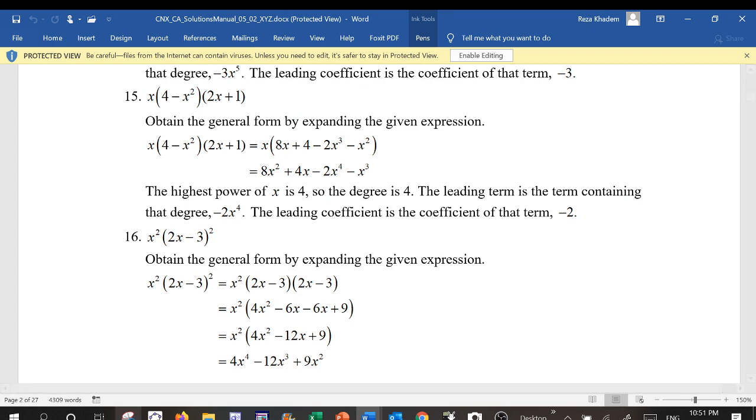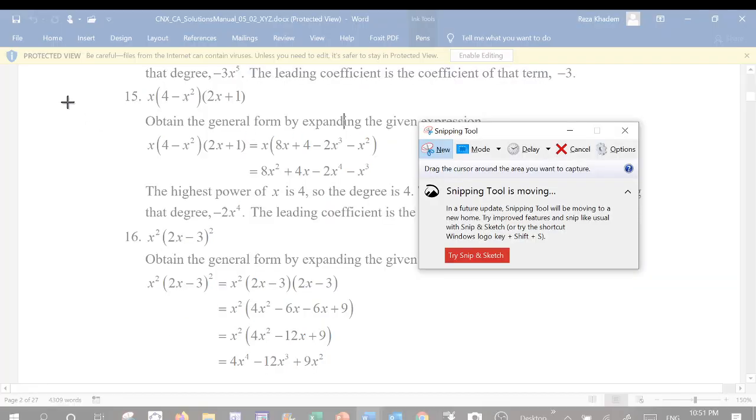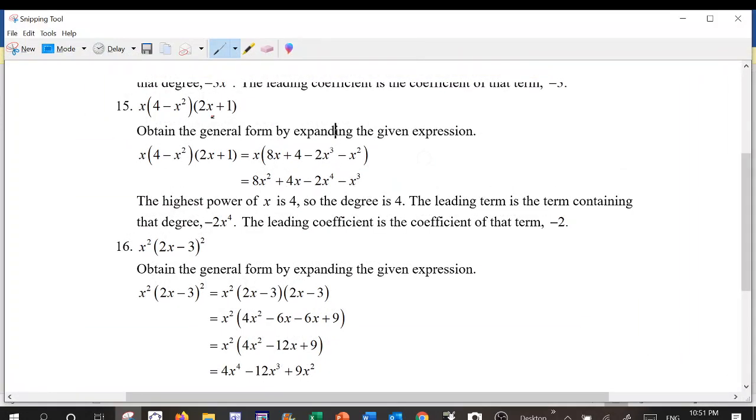So let's see. For this right here, the leading term of the first one is just x, right? The leading term of this is -x squared. And the leading term of this is just 2x.